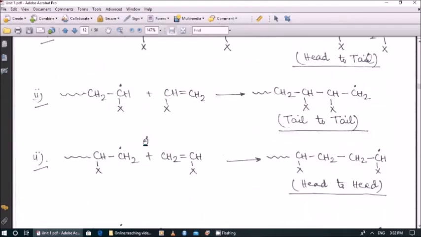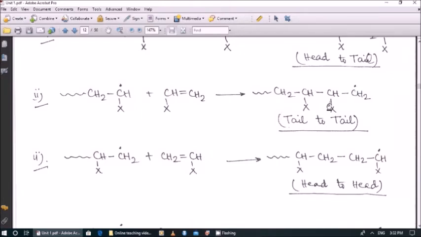In the second case, what can happen is tail to tail. You can see this is the tail and this is the tail. I have just inverted the structure, no problem, CH2=CHX. So these two tails can react together to form the polymer.